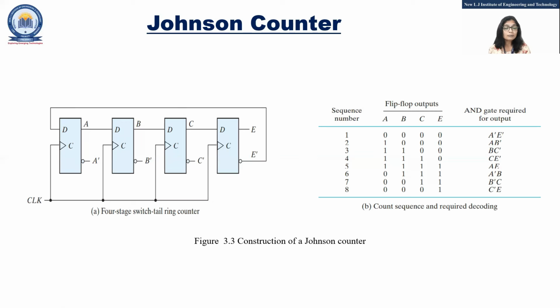Okay, so you have to remember the difference between the circuits. In the ring counter, I mean, output of the last flip-flop will be given to the input of the first flip-flop. But in Johnson counter, complement output will be given to input of first flip-flop, like this way.